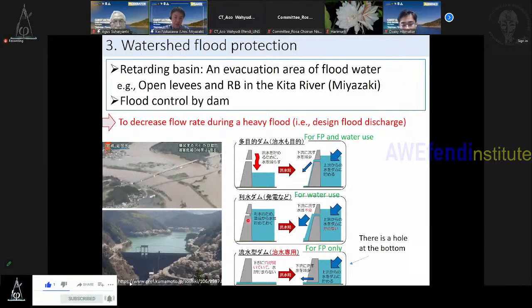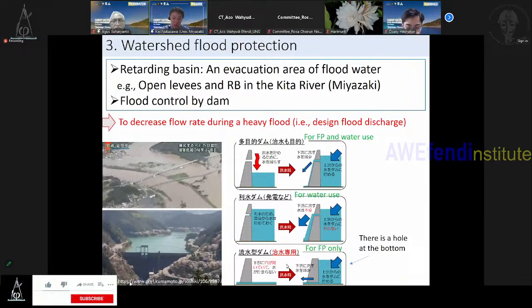I mean, the water use dam can work as a flood protection dam. Such a dam is recently getting used for flood protection like this. So this is the Japanese situation recently.